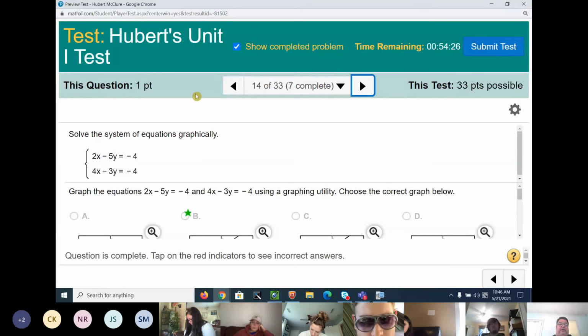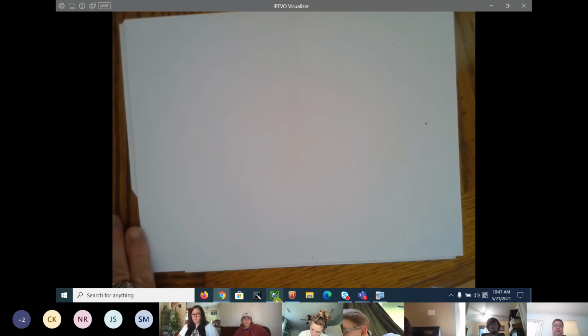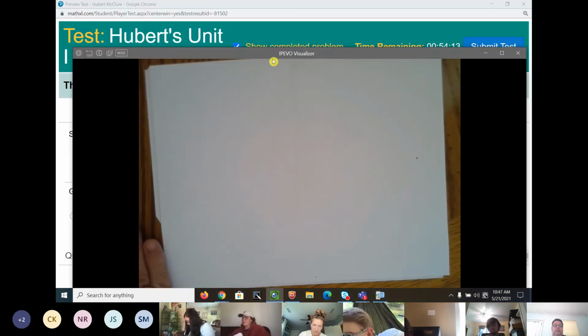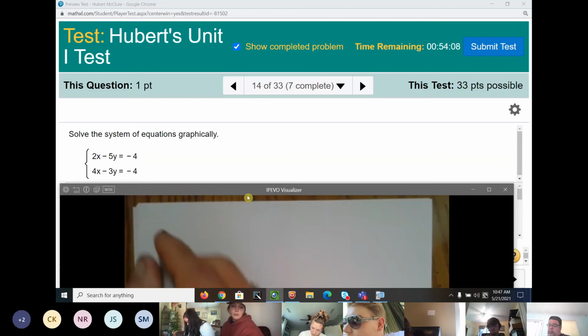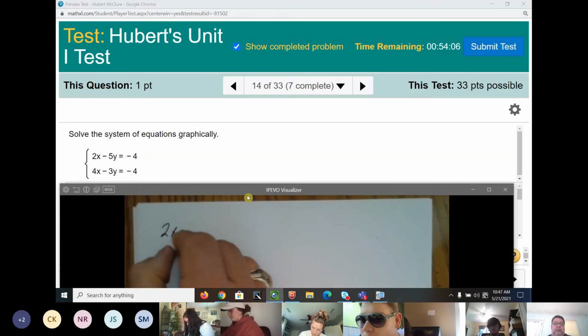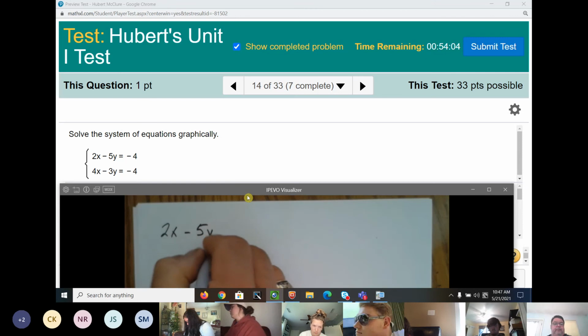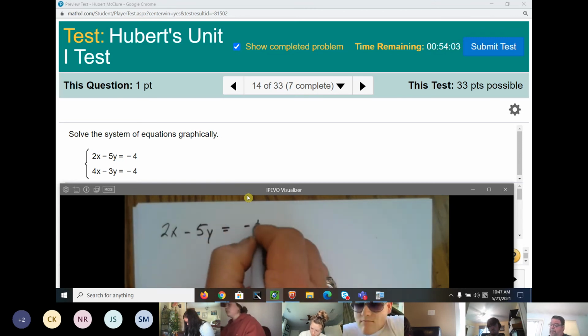Solve the system graphically. All right, let's do this one graphically, because I'm going to do it on the calculator with y'all. So 2x minus 5y is equal to -4.